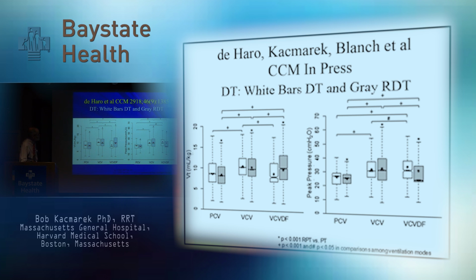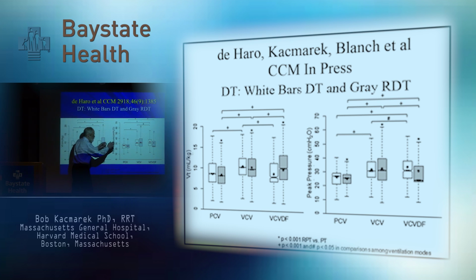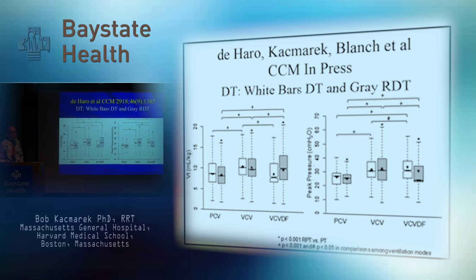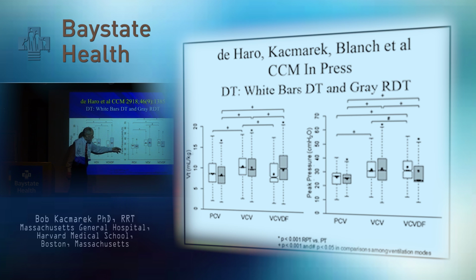This was just looking at the differentiation between the patient double triggered and reverse triggering. Although everything is statistically significant because you have 100,000 breaths, there really is very little difference as you look at the difference, in this case the tidal volume, in this case the overall pressure between the two.